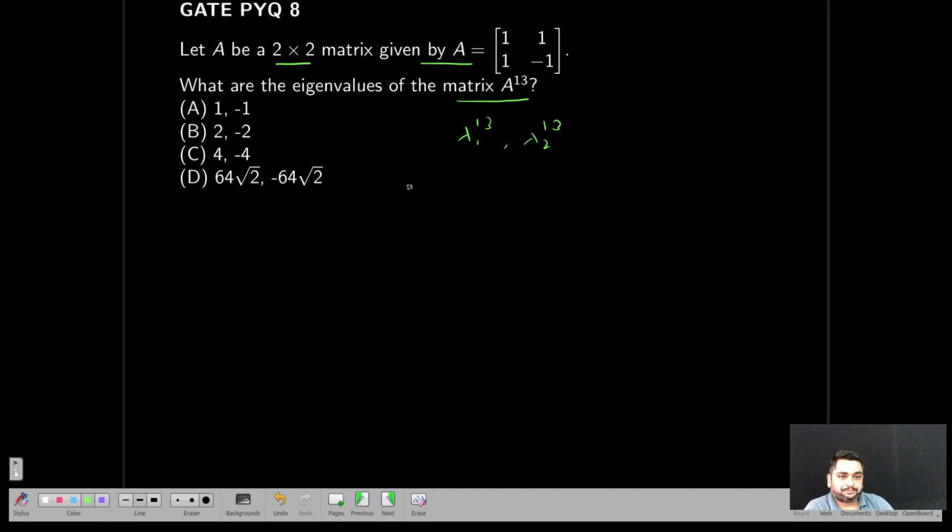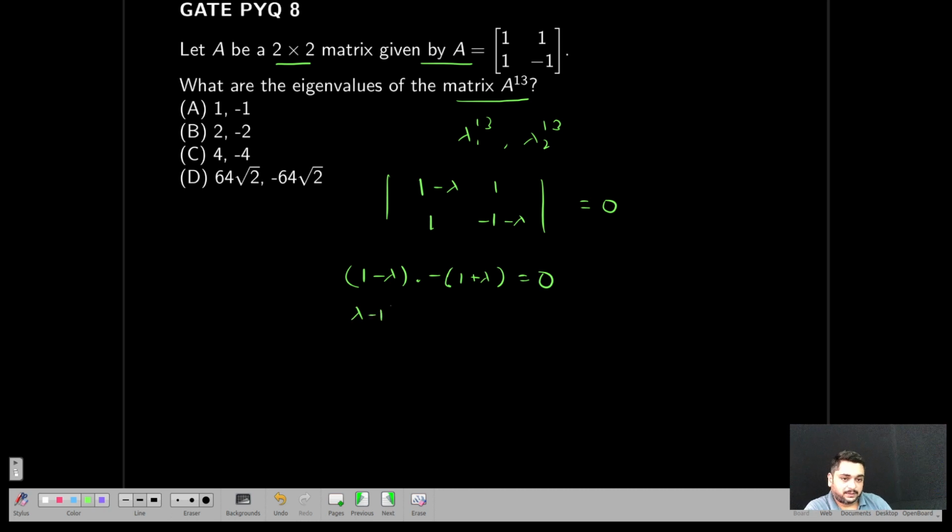Now, (1 minus lambda)(minus 1 minus lambda) plus 1 is equal to 0.